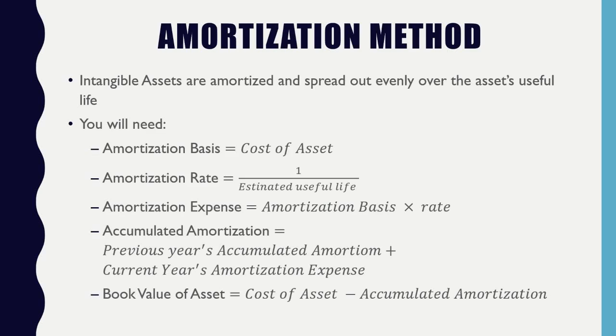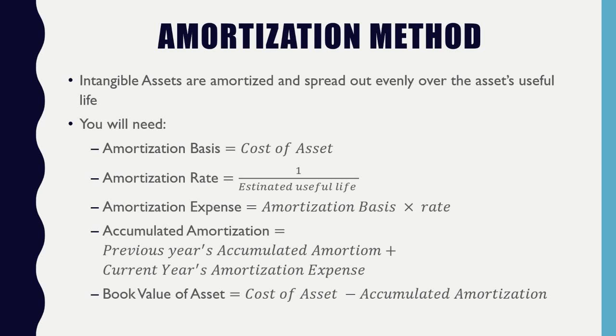Now these are the formulas. I just replaced it. So instead of having the asset cost minus salvage value, if we know that amortization doesn't have salvage value, then you're going to start off with the asset cost. And the rate is going to be 1 over the estimated useful life. Expense is going to be basis times rate, and so on and so forth.